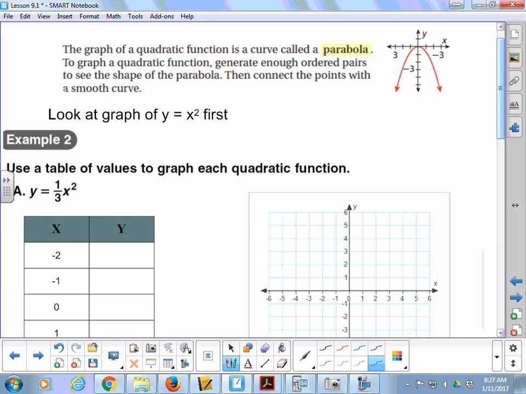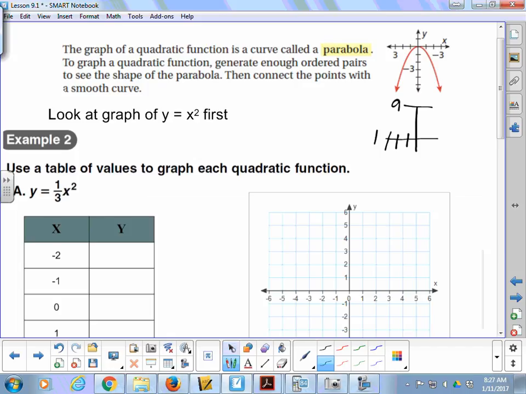On your paper, make sure the scale you make goes up as far as 9. Go by 1s horizontally, and make sure you can get up to 9 vertically. We're going to go -1 through 4.